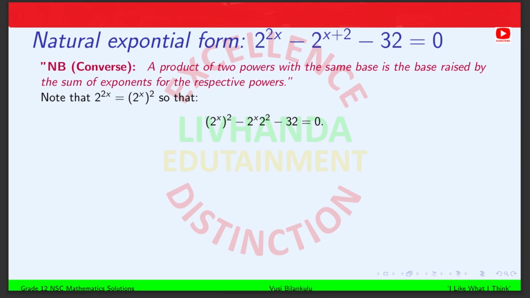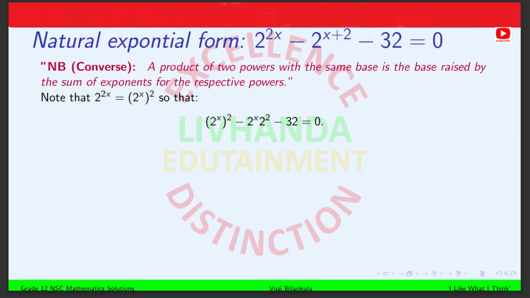Consider next an expression of exponential form given by base 2 exponent 2x minus base 2 exponent the sum of x and 2 minus 32 equals 0. Note that to solve for x, this equation will be standardized in terms of base 2 exponent x.